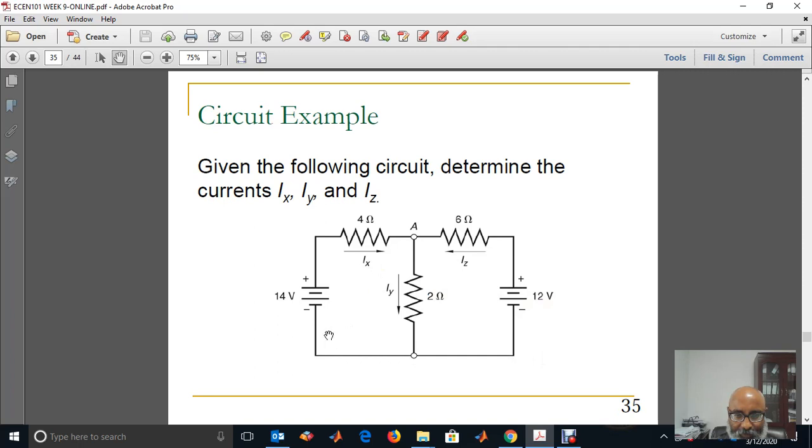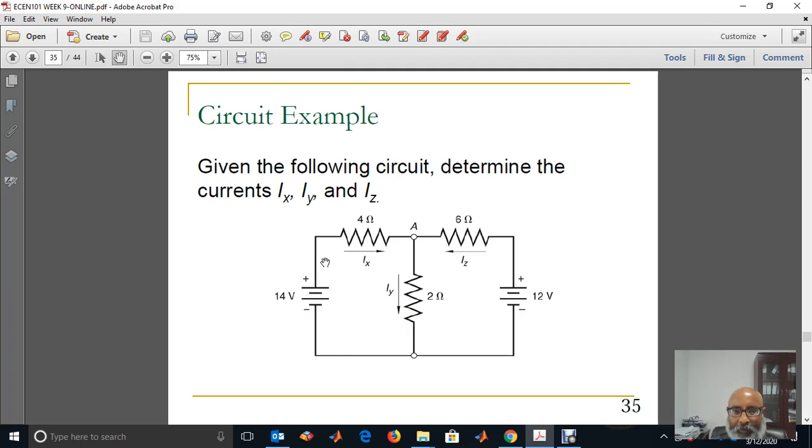Another relationship is from the left loop and the right loop. From the left loop, if we say from negative to positive is positive, and from positive to negative is negative, the total voltage across this loop is equal to 0.